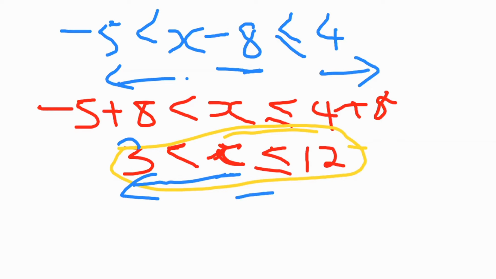Go in the other direction. X is less than or equals to 12. Right? So x is greater than 3, but it is also less than or equals to 12.